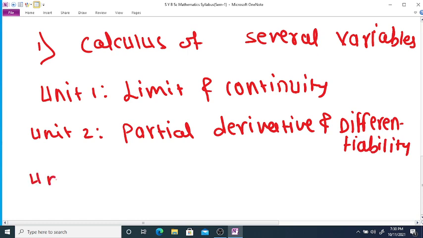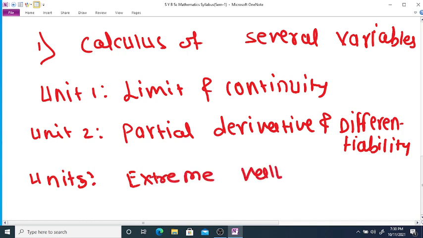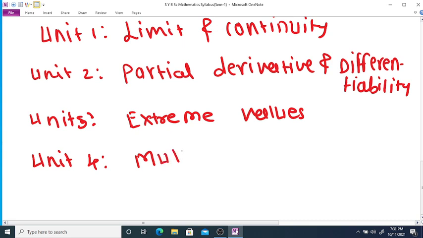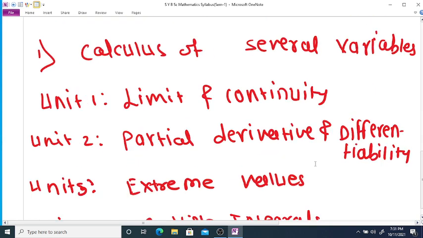Unit 3, extreme values. And unit number 4, multiple integrals. So there are total 4 units.